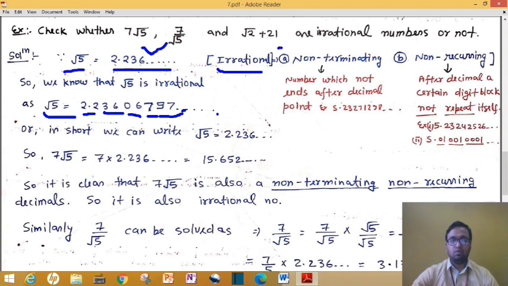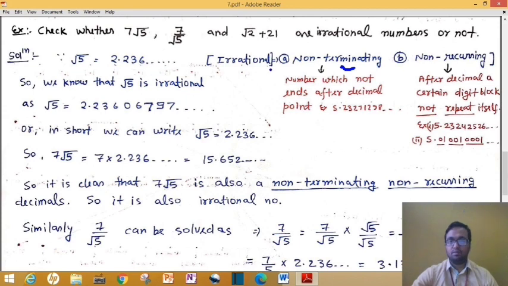Irrational numbers are those which fulfill these 2 points. Which 2 points? Point A is non-terminating, meaning the number does not terminate or does not have a complete answer. Okay, like a number which does not end after the decimal point.